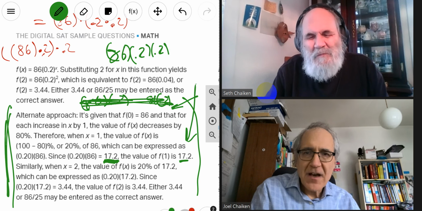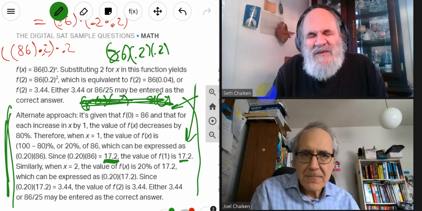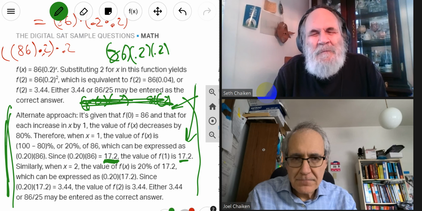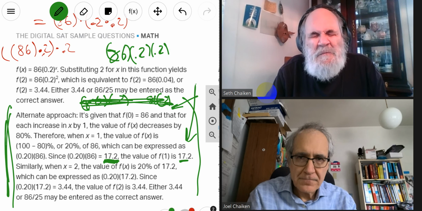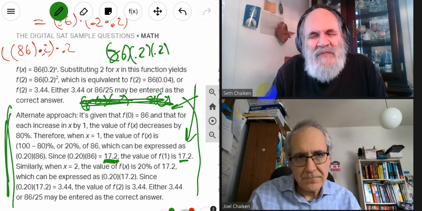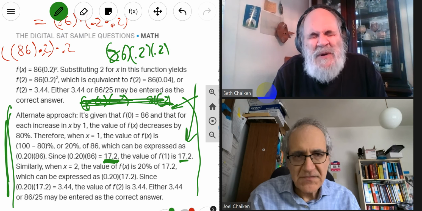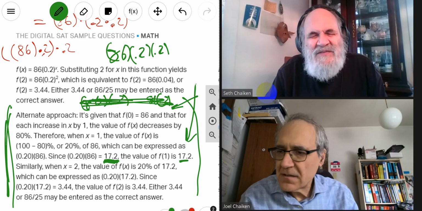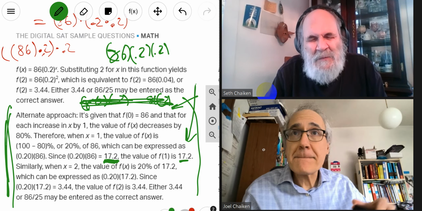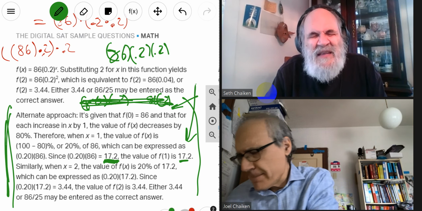Yeah. Well, I think I've seen calculators. I don't know if the calculators that people use on SATs now have a function for taking a percentage off or on of a number. Like you type in a number, and then type either plus or minus, and then another number, and then you hit the percent key.